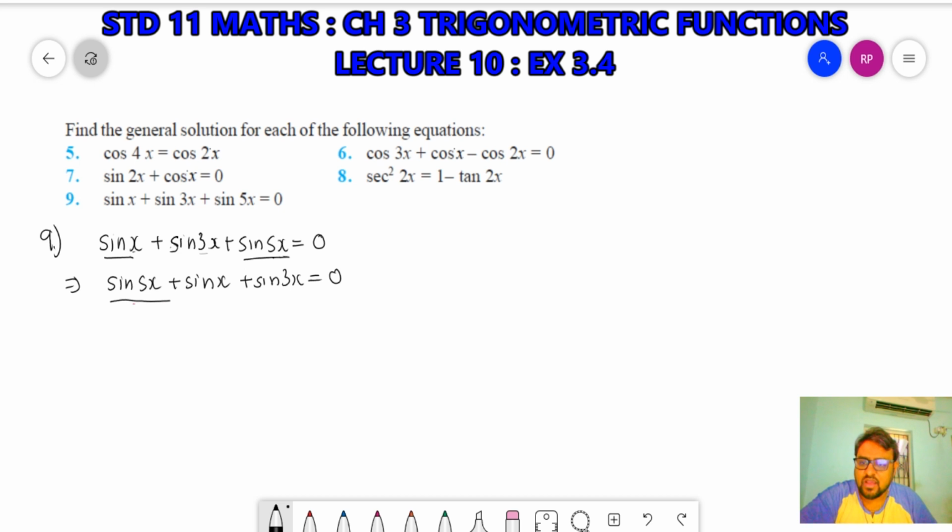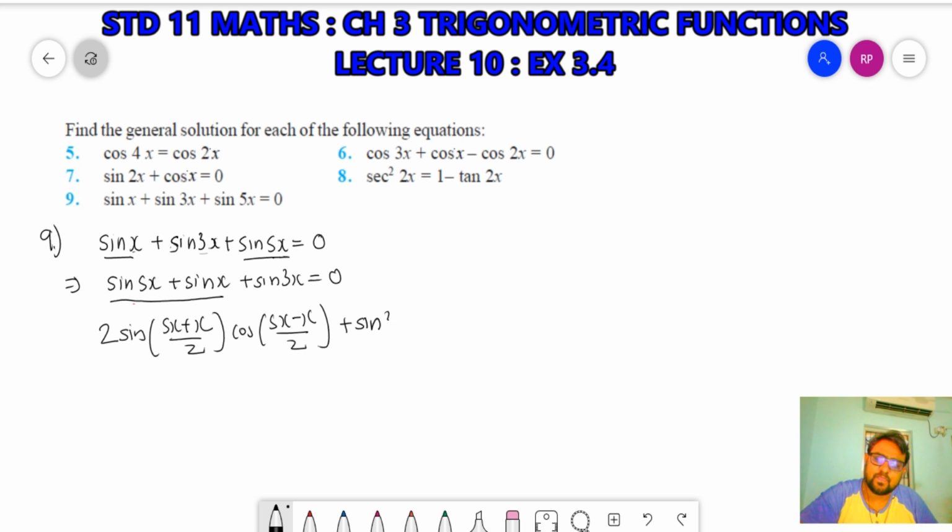Now I will use sin plus sin. So 2 sin ((5x plus x) by 2) cos ((5x minus x) by 2) plus sin 3x equal to 0.